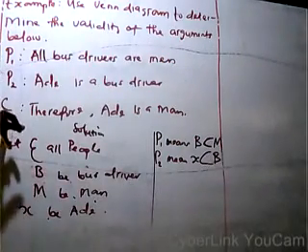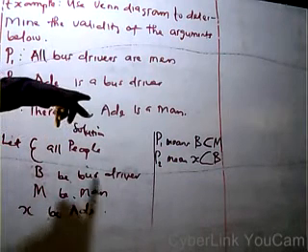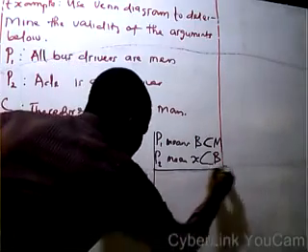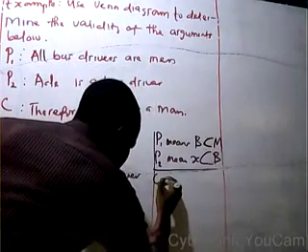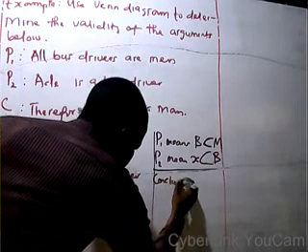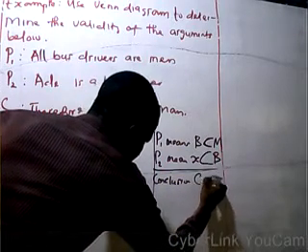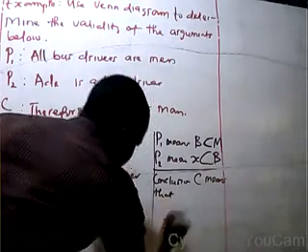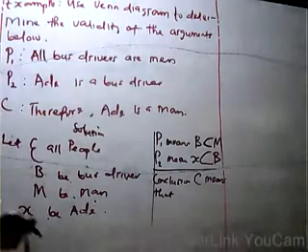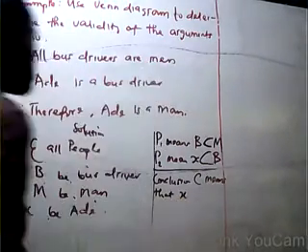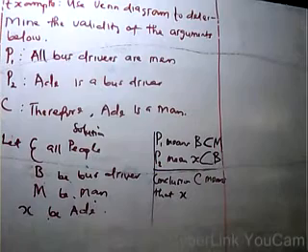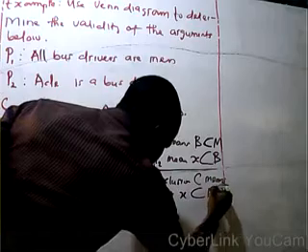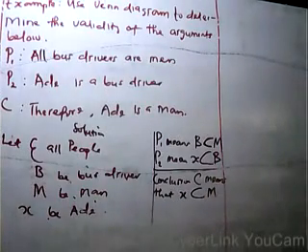Then this is the conclusion. Conclusion says Adi is a man. So conclusion C means that Adi, this X, is also a subset of a man.